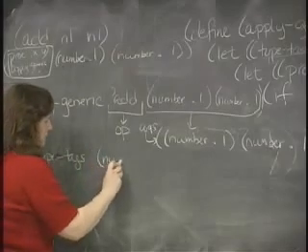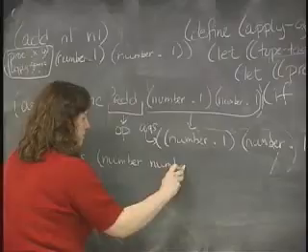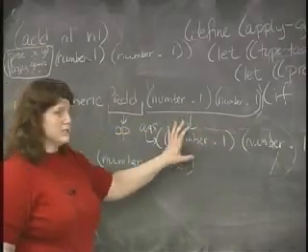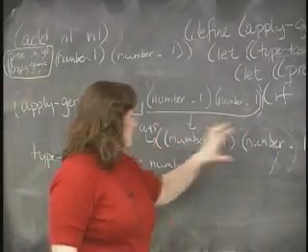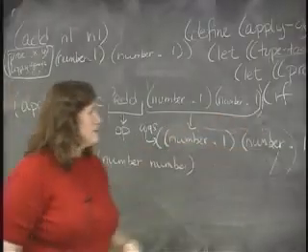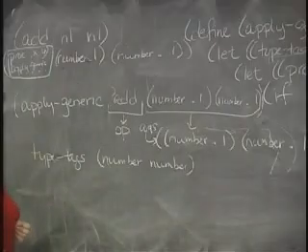The list of number. Because we're going to map it, we look at the first thing in our list, number dot 1, we take its car, chunk. Next element on our list, we look at its car, number, chunk. Okay, so we're going to make a list of our results of mapping the procedure over each of the elements of our list. So our type tags are now number, number.